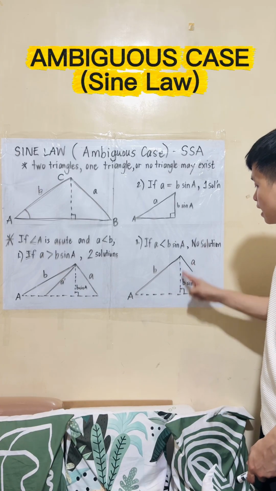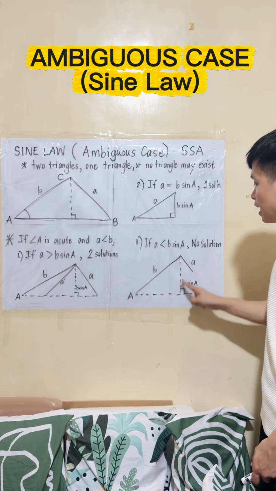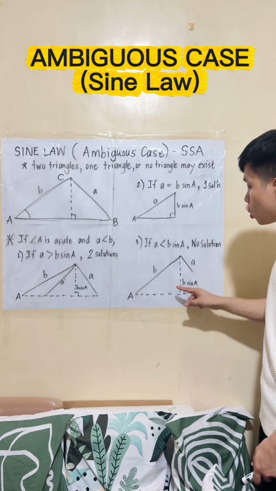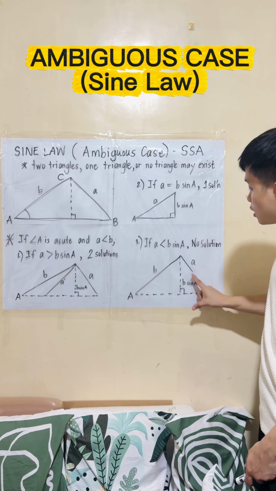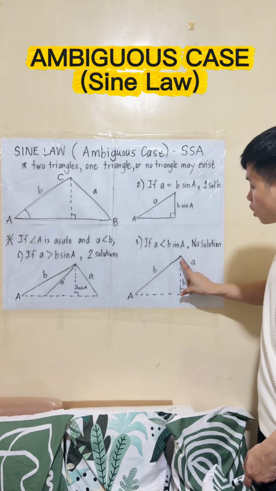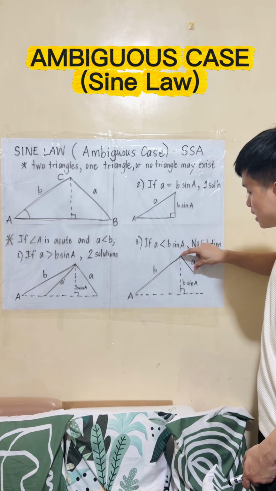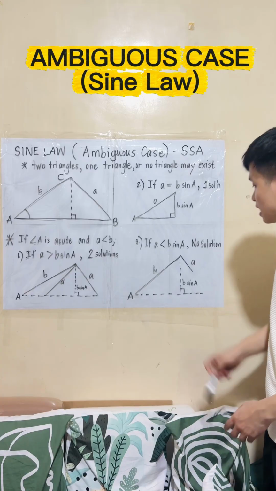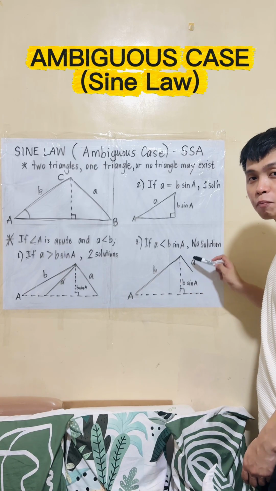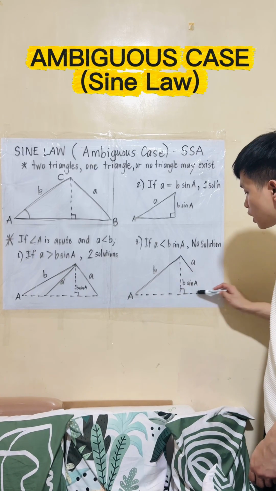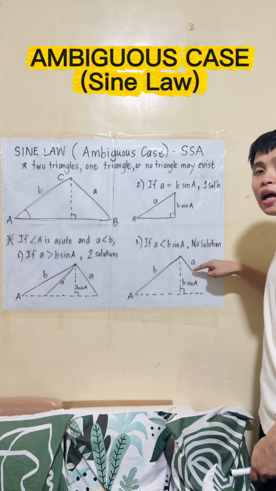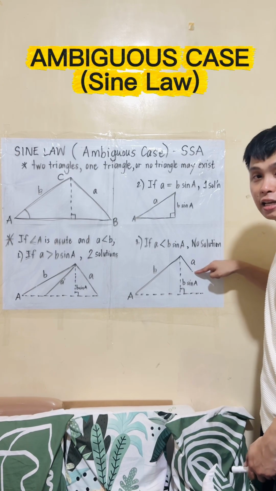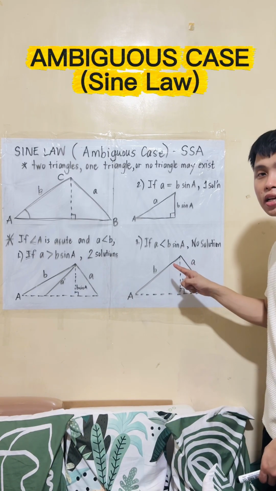In this case, B sine A is greater than the length of side A. So this one is longer than this. So if that is the case, take a look at the triangle. There is no triangle which can be formed because there will be an open space on this side. So we cannot form the triangle.